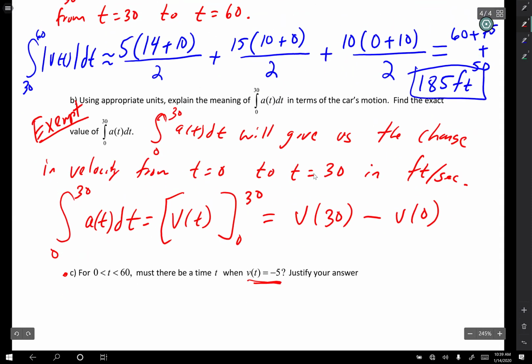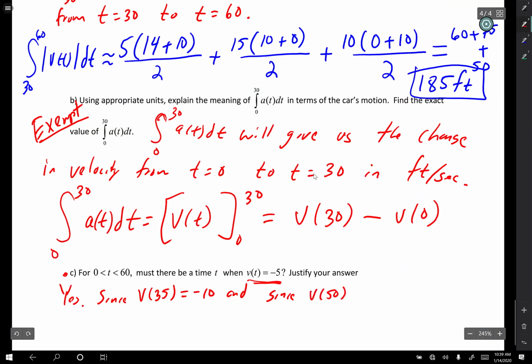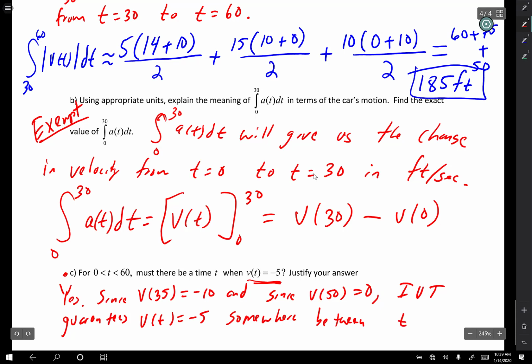So here's what you're going to write. You're going to say yes, since v of 35 equals -10, and since v of 50 equals 0, IVT guarantees v of t equals -5 somewhere between 35 and 60.